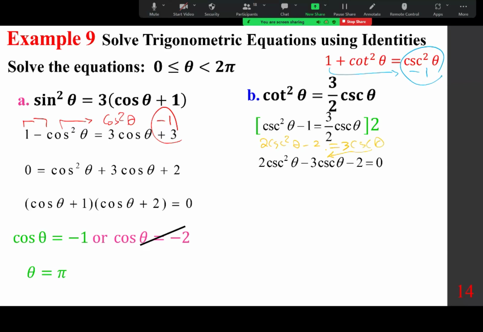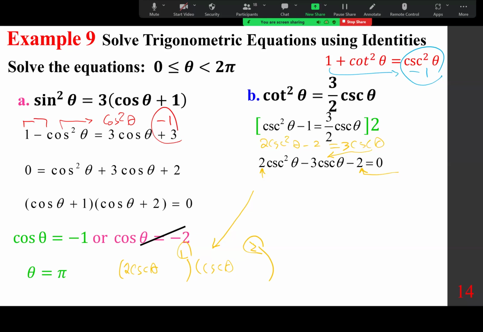And now it's a prime number. I would set it up as 2 cosecant theta and cosecant theta. And then since this is -2, that means I need 1 and 2, and one of them must be negative.